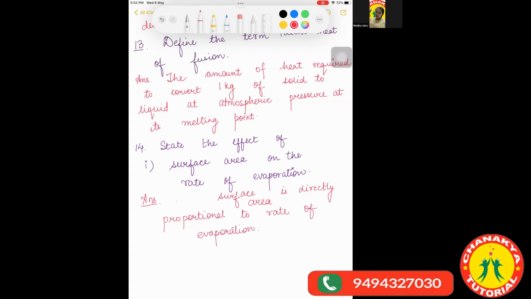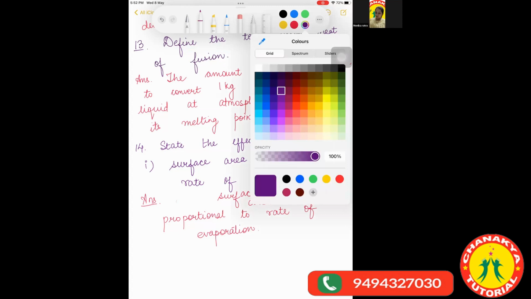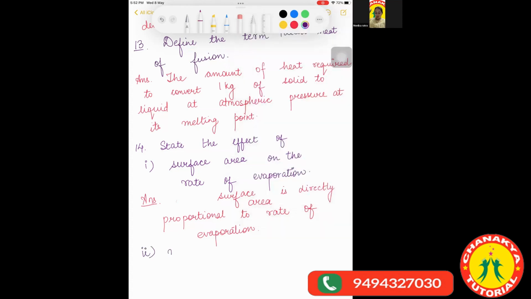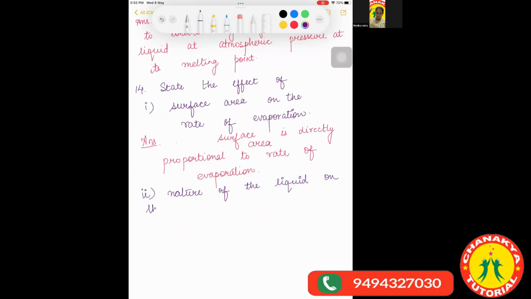Second part of this question, nature of the liquid on the rate of evaporation. Yukta, can you tell me this answer? Yes, ma'am.